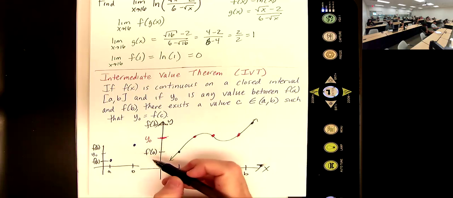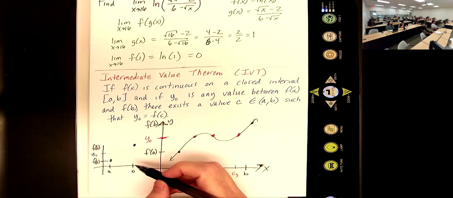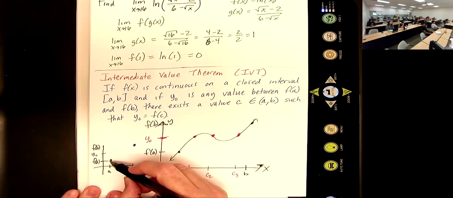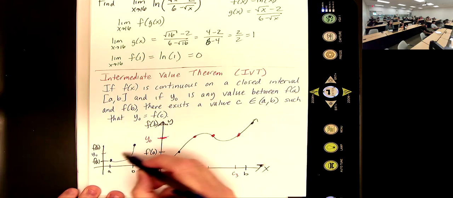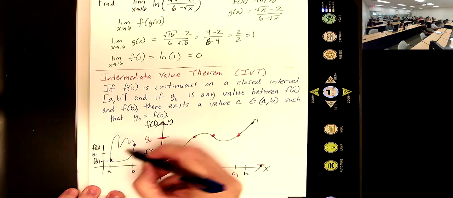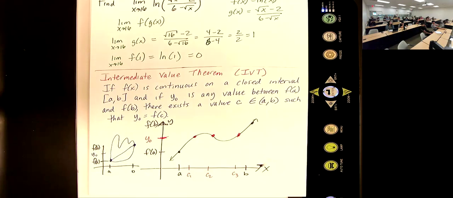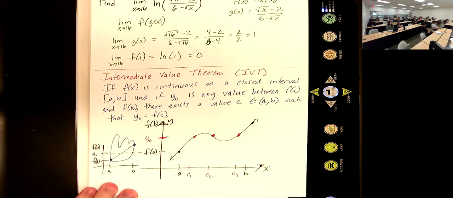But even then, it wouldn't be defined at that, like if we did use 1/x, it wouldn't be defined at x equals 0. No matter which path I take to connect these dots, they gotta cross the line for y naught somewhere. That's all it says. If you're gonna connect the dots and it's continuous, it's gotta cross somewhere. Seems like a very intuitive thing when you look at it that way. But it actually becomes really, really helpful and powerful, as you'll see in the next problem.